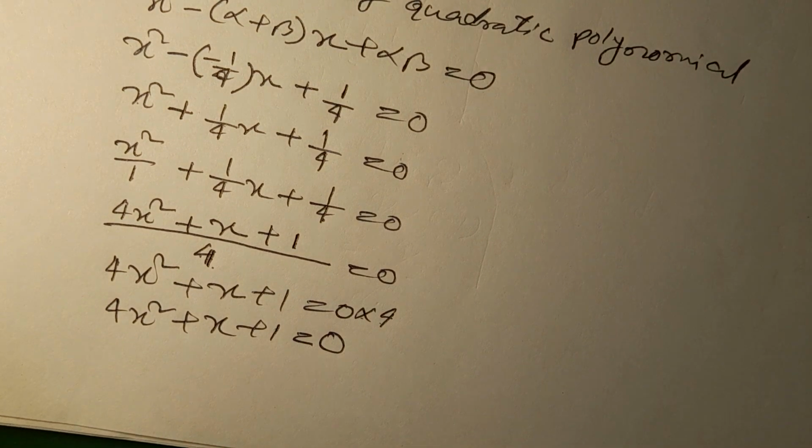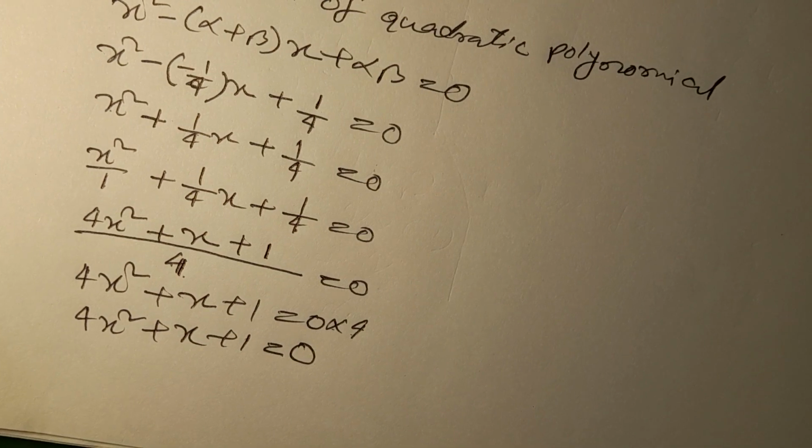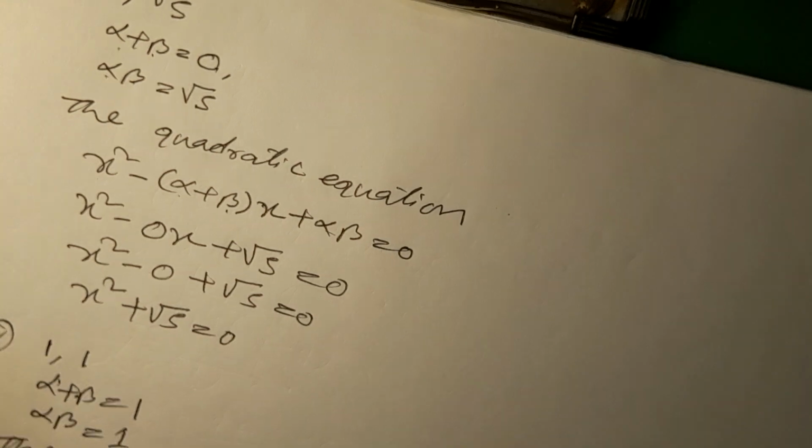Now another question, Roman number 6. What is given for Roman number 6? It is 4, 1. This is the sum of zeros and this is the product of zeros.